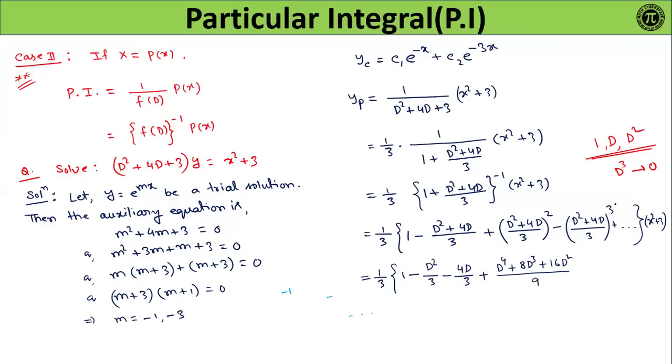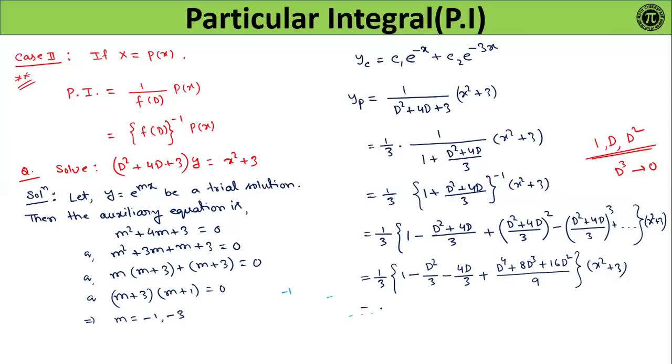Now here in this case, you have D cube, that means all the terms will be either 3 times derivative or more than 3 times derivative. That's why we are neglecting these terms, because here you will get the result 0. Okay, so this is our expression: 1 minus D square by 3 minus 4D by 3 plus (D to the power 4 plus 8D cube plus 16D square) divided by 9. Here you can see 8D cube divided by 9, so obviously from this you will get the 0 result.